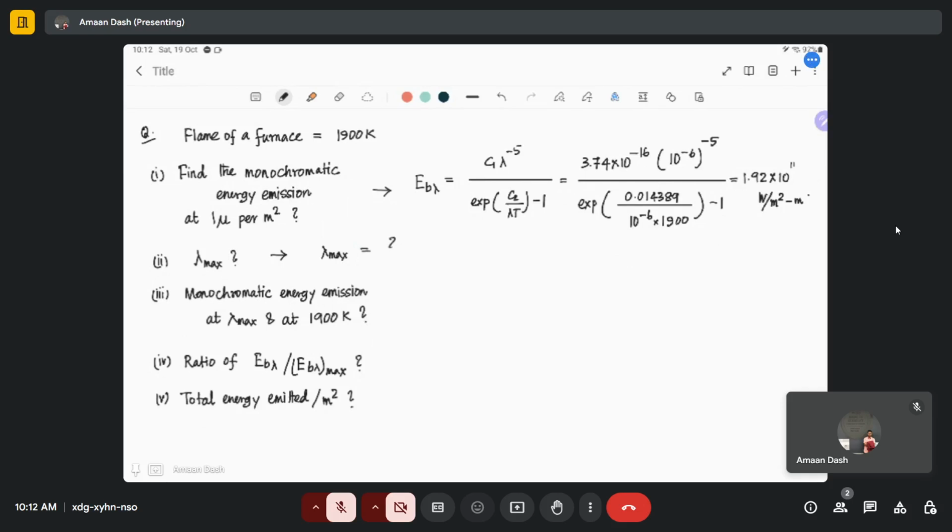So we can write lambda max equals 2900 divided by T, which is 2900 divided by 1900. This will be equal to 1.53 microns, or 1.53 times 10 to the power of minus 6 meters.